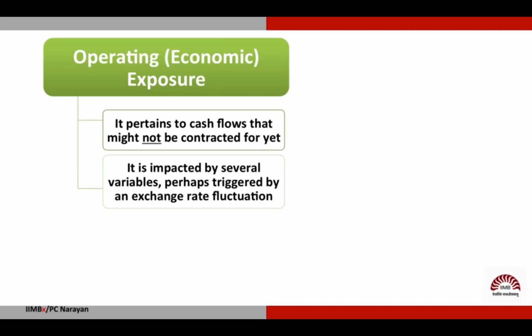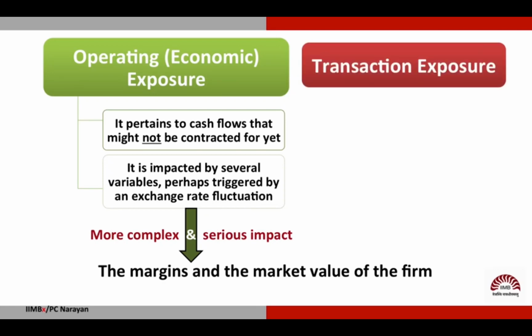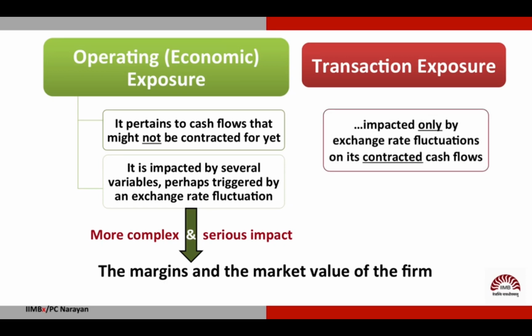Therefore, operating exposure could potentially have a more complex and a more serious impact on the margins and the market value of the firm than transaction exposure, which, as you will recall, is impacted only by exchange rate fluctuations, and that too on its contracted cash flows. Hence, unlike transaction exposure that can be hedged using forward contract, options contract, etc., managing operating exposure is a far more complex task because it could also have long-term implications for the organization.